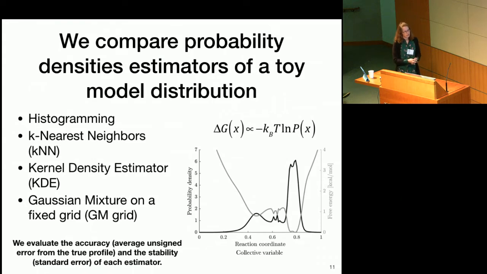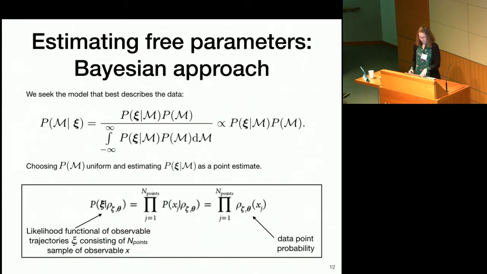We picked this specific form because it looks like a double well potential, but you do have uneven features that make the density estimation a bit more complicated. And we evaluate two things: the accuracy, which is the deviation of the estimation from the true profile, and we estimate the stability by estimating the standard error for each estimator.